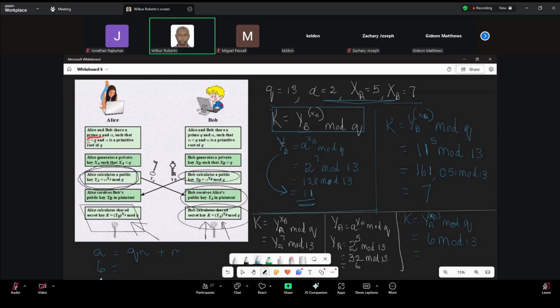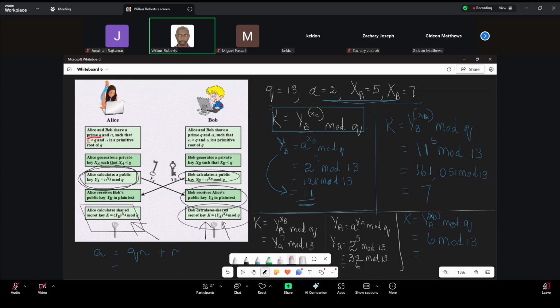What are we finding? 6 mod 13. Good? And if we're using the formula, A will be the unknown. Good? A is the unknown.